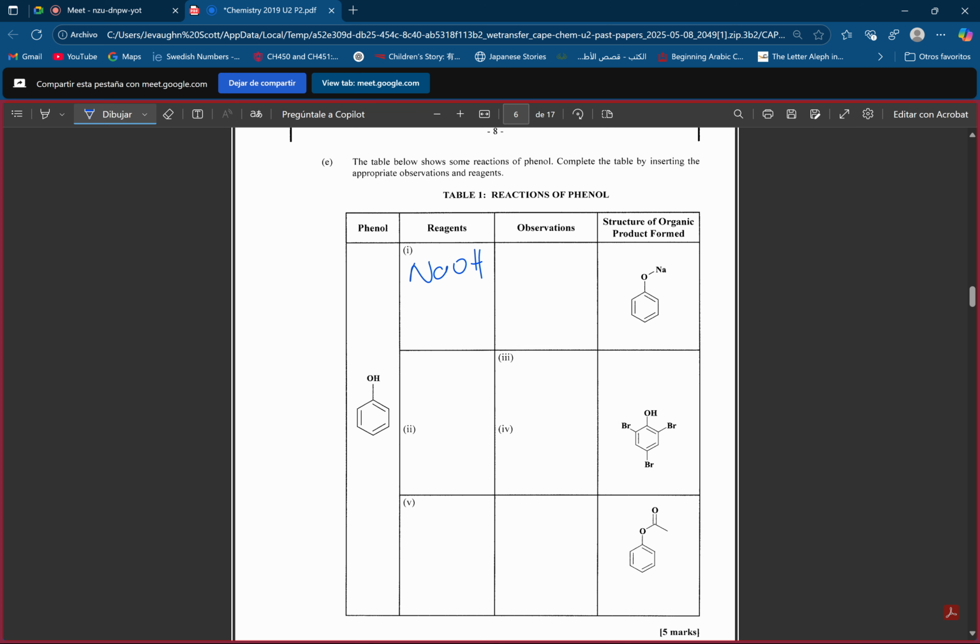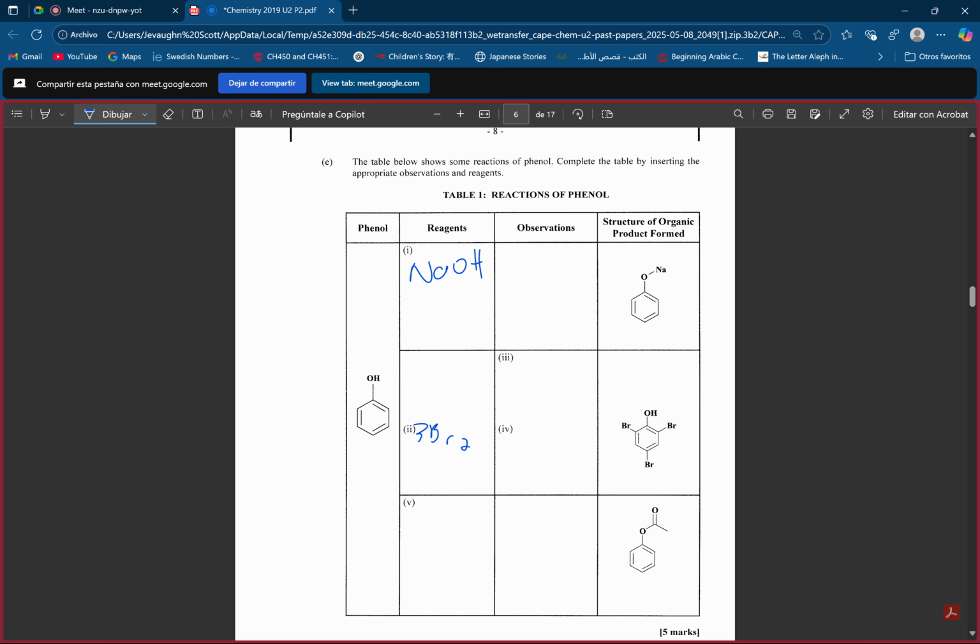That would be 1, 2, 3, 4, 5, 6. 2,4,6-tribromophenol. I would say it's Br2, 3 bromine.